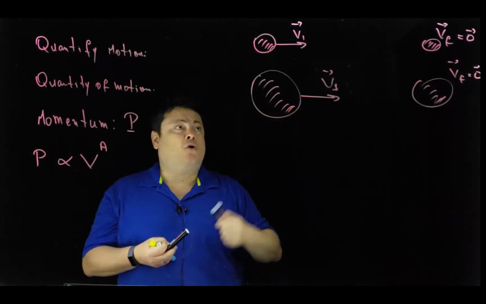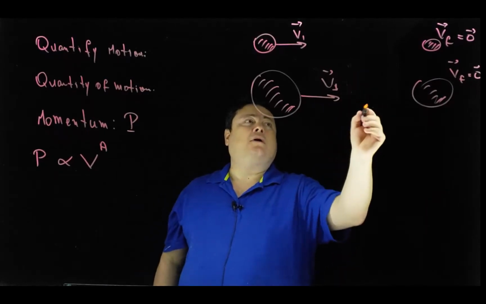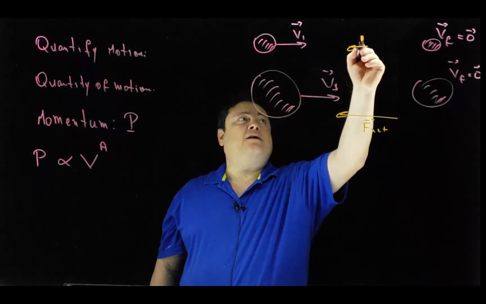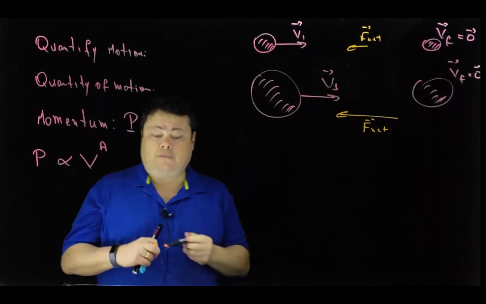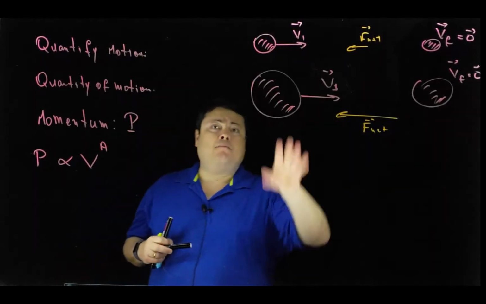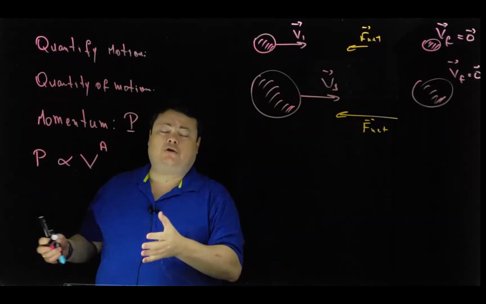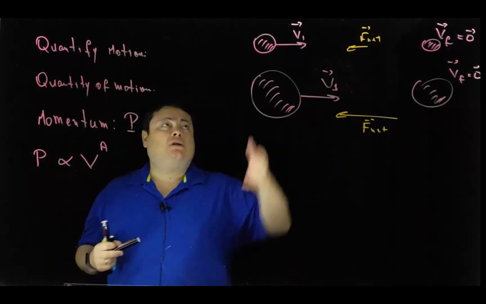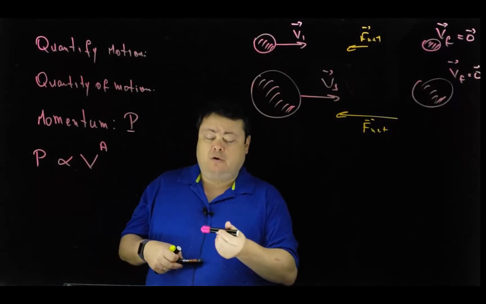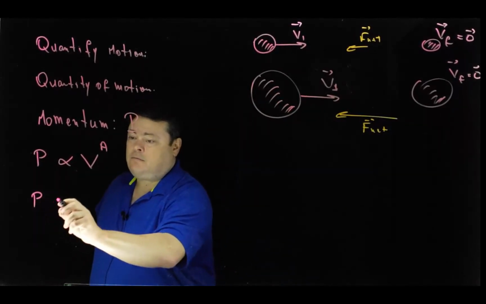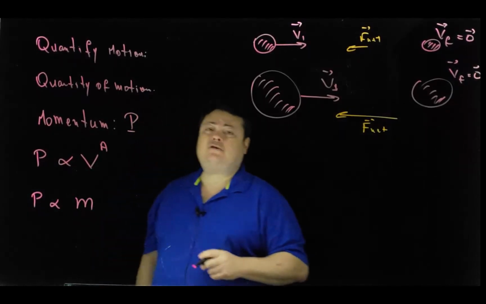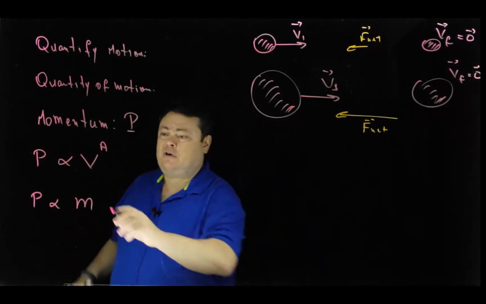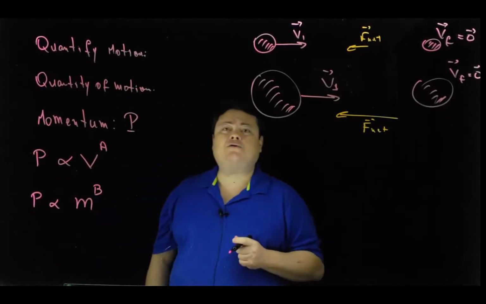The more massive object would require a bigger force to stop than the less massive object to stop in the same time. So the more massive object had more motion, more quantity of motion. The more massive object had more momentum than the less massive object. And therefore, we can also say that momentum is going to be proportional to the mass of the object. We don't know whether this is linear, quadratic, whatever, so I'm just going to say proportional to the mass to the b power.